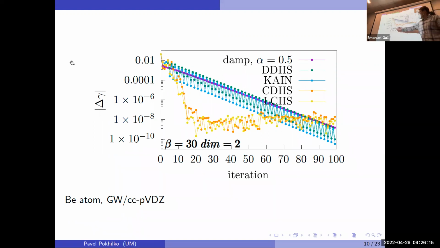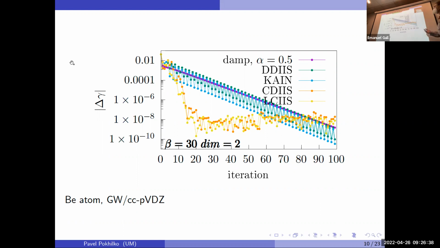The temperature is pretty high, but not that high, so the character of the final solution is very similar to a 0 temperature solution. The dimension of the subspace is kept at just 2 vectors. This is the minimal subspace to make a fair comparison with damping.